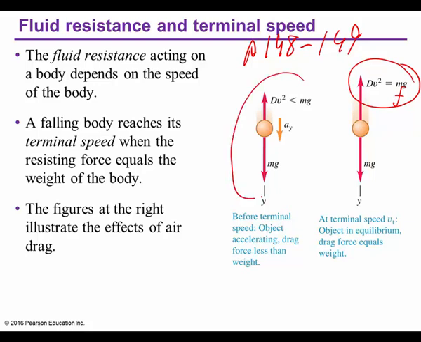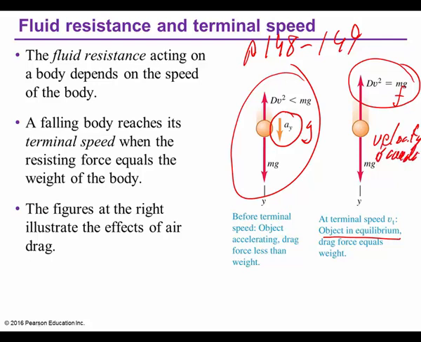As an object is falling through the air, before it reaches its terminal speed, it is still accelerating. And of course, that acceleration is g, right? But once it reaches equilibrium, remember what that means. That means that the velocity or speed is constant, okay? So once it becomes constant, then notice that this relationship right here is equal to mg, okay?